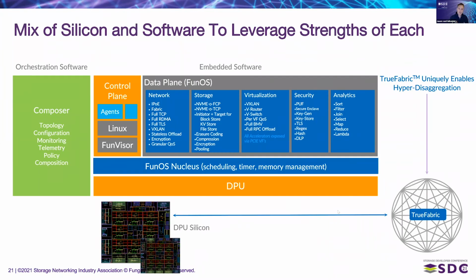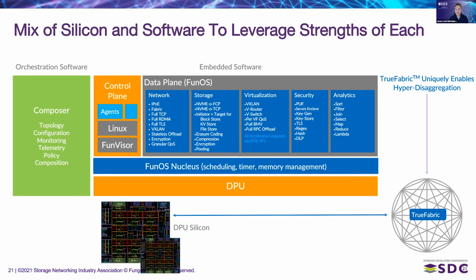Right. So what our DPU is about is it's a unique mix of silicon and software, right? So there are a lot of bullet points here, and I'm not going to go through these in any kind of depth, but the key takeaway that I want you to have is that we have purpose-built this chip for its use case.